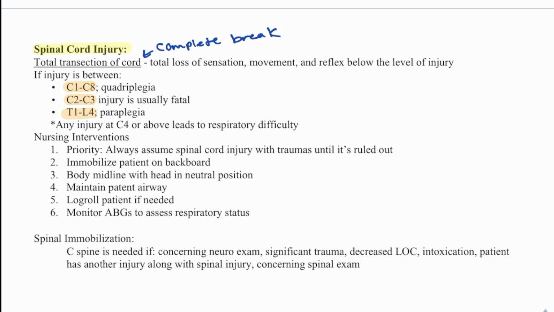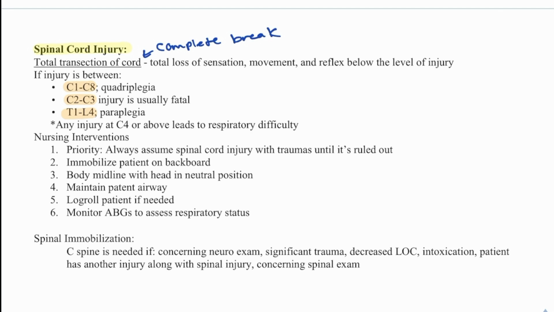So our nursing priorities are going to be, first priority is always assume the spinal cord injury with trauma until it's ruled out. We also want to immobilize the patient on a backboard. Body should be midline with head in neutral position, maintaining a patent airway. We want to log roll the patient if needed to put them onto a stretcher. And again, monitor ABGs to assess respiratory status.